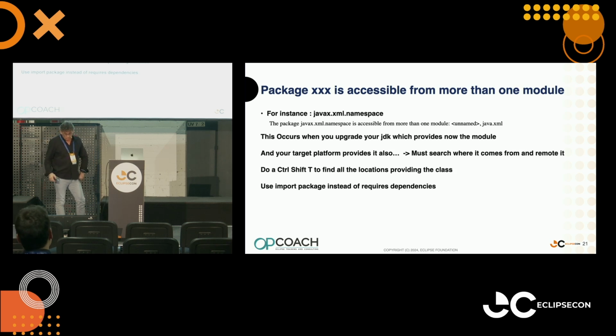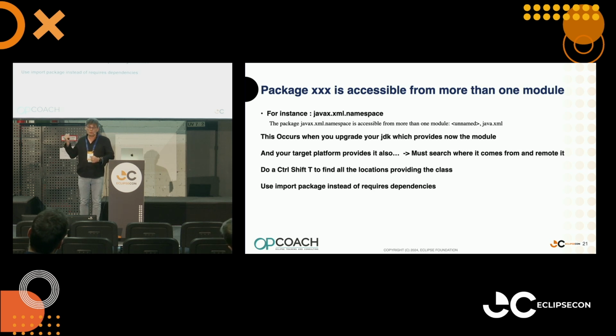So this error can take time to fix if you don't know that, and of course to know where it's coming from in the target platform, you should use the Ctrl+Shift+T shortcut that will show you all the classes.